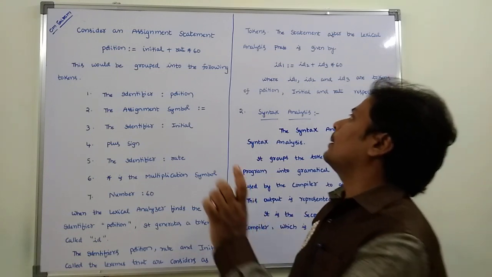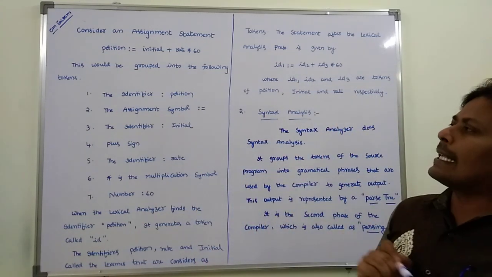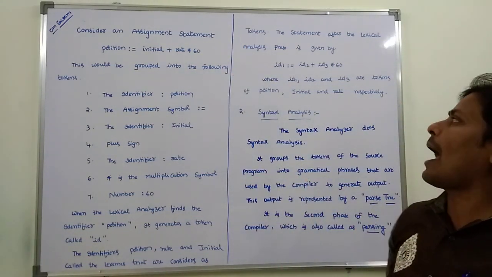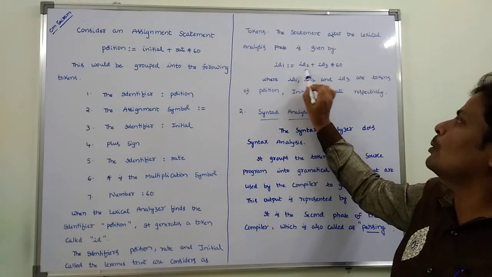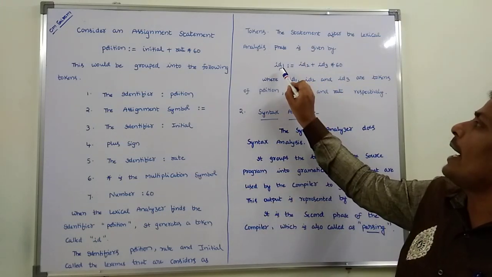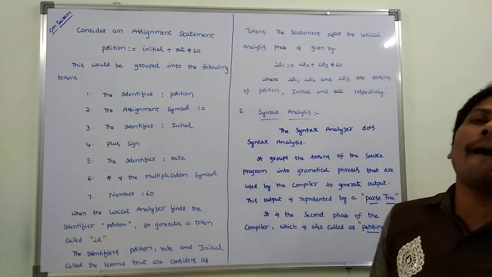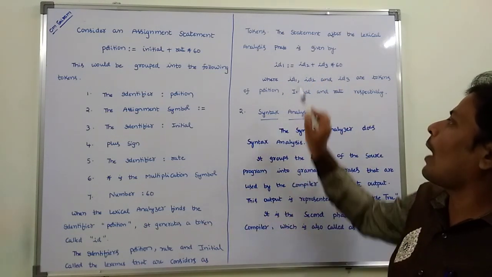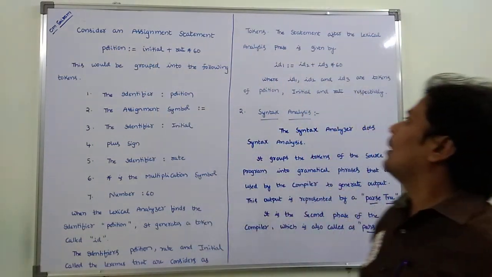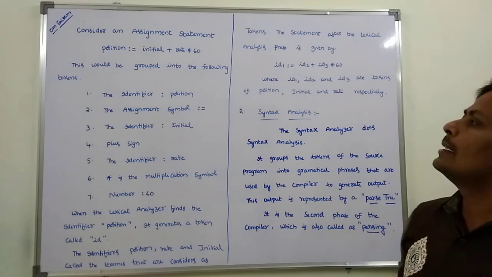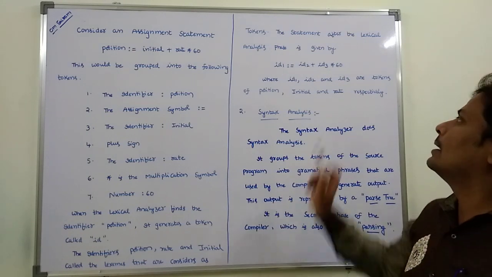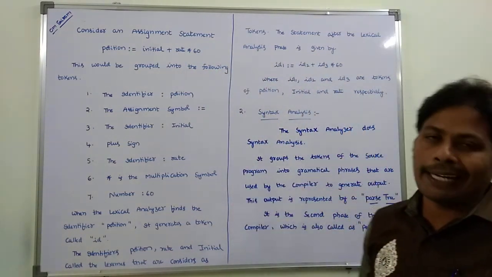So after the lexical analysis phase, this statement can be formed as ID1 = ID2 + ID3 * 60. Here ID1, ID2, ID3 are identifiers. ID1 refers to position, ID2 refers to initial, and ID3 refers to rate.